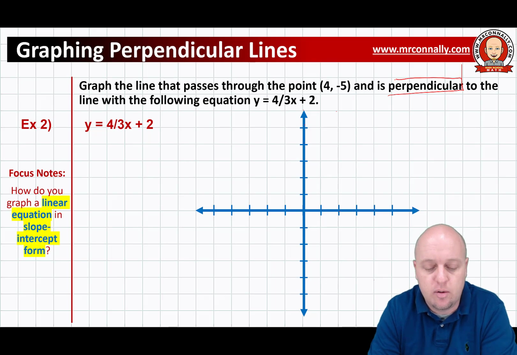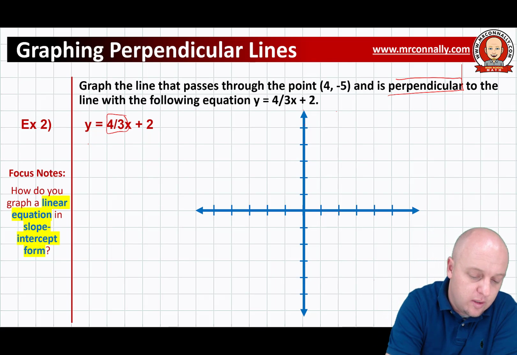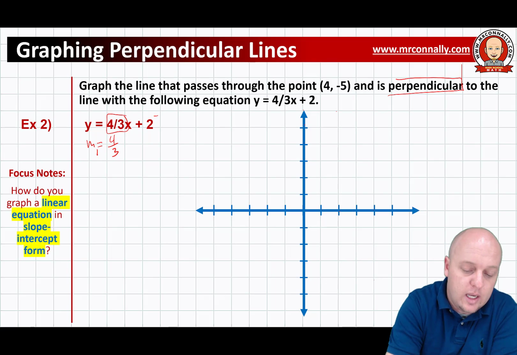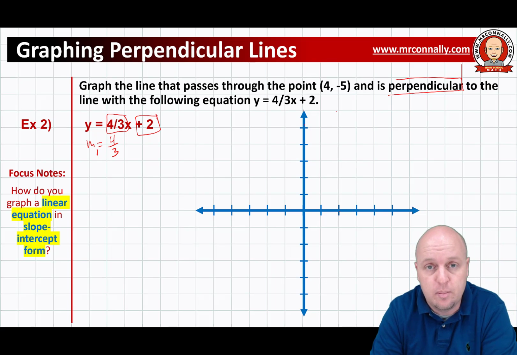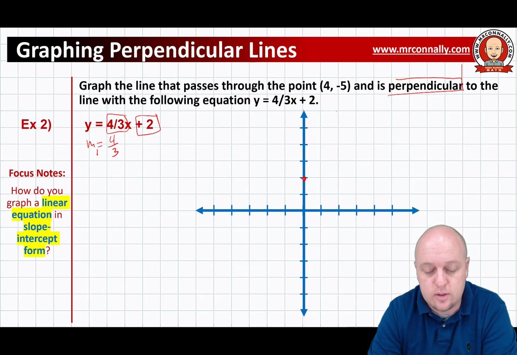Okay, so first let's go ahead and graph the line y equals 4/3 x plus 2. We know this has a slope of 4/3. So this is our first line. It has a slope of 4/3. And the y-intercept is 2, positive 2. So it's going to intercept right here at y equals 2 and x equals 0.